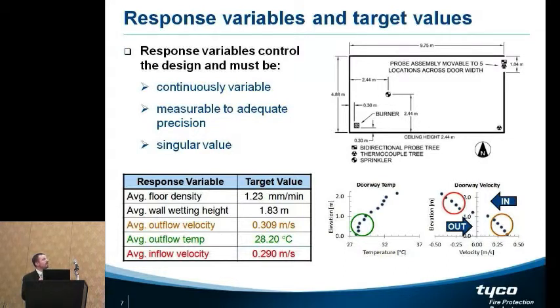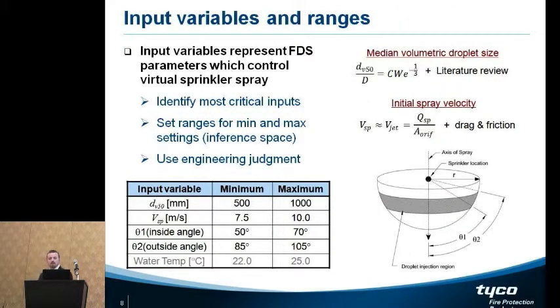You have a sprinkler here, the doorway here, and we measured the inflow and outflow velocities that were induced. We took the flow fields above and below, say, the neutral plane in the doorway, and just averaged those down to get these. So these became our target outputs. These are essentially the design points that we're going to try to reproduce with our spray through the process.